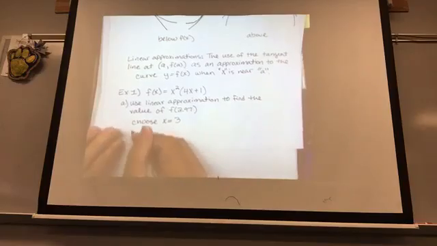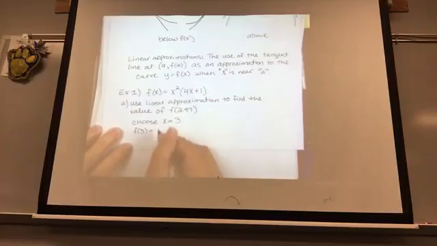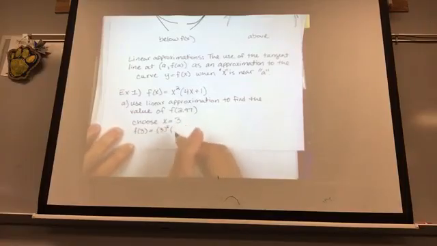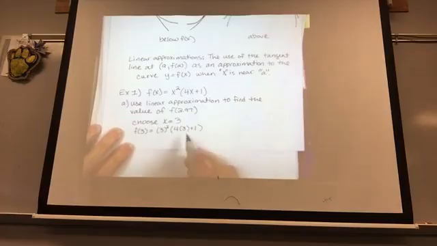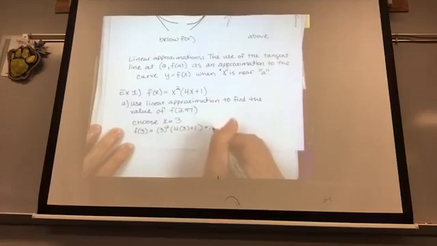And now we know f of 3 will equal 3 squared times 4 times 3 plus 1, which will be 9 times 13, which is 117.